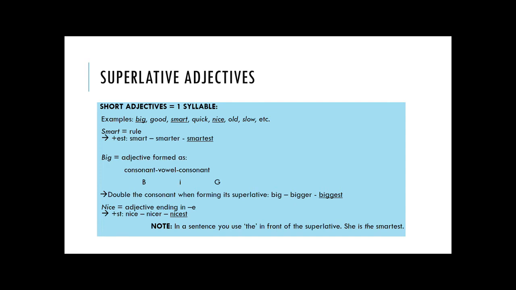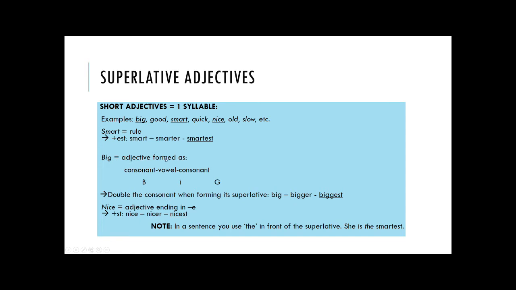Okay. In this case, as you know, we have to use the same structure and the same rules like in the comparative way. For example, big, good, smart, quick, nice, old, slow. Rule: smart, smarter, comparative, the smartest, superlative.